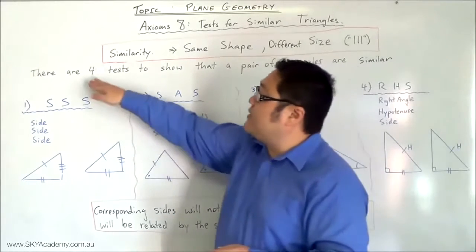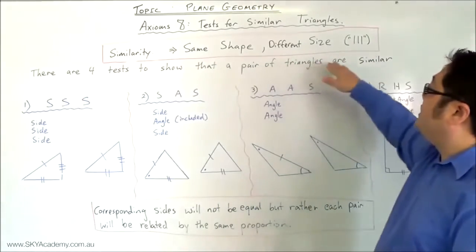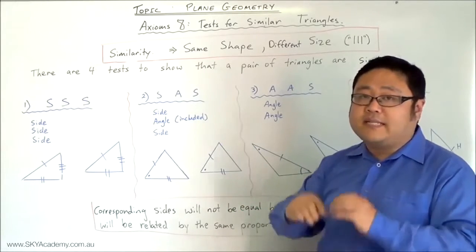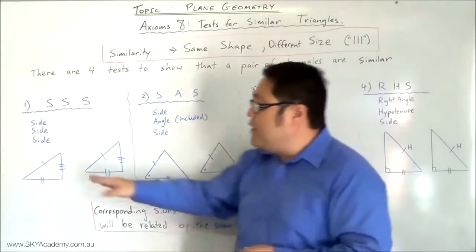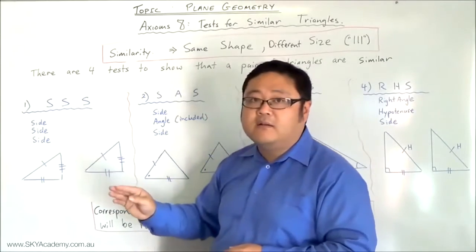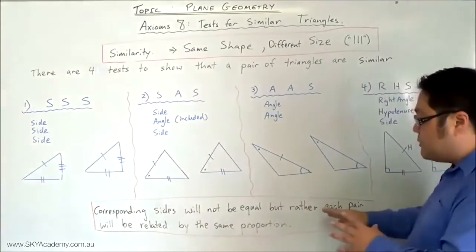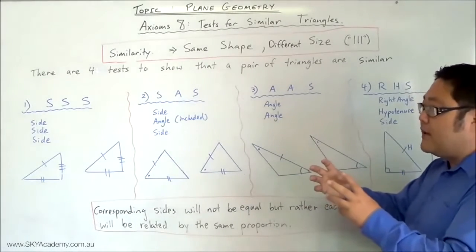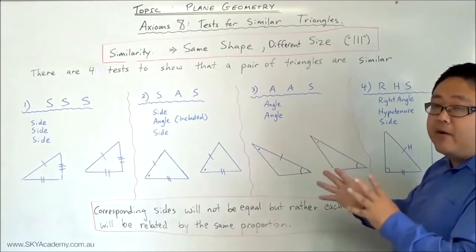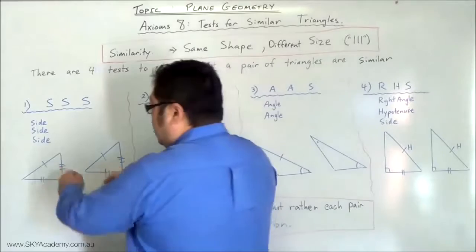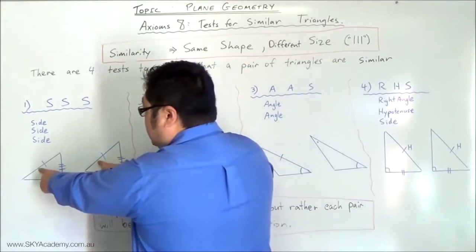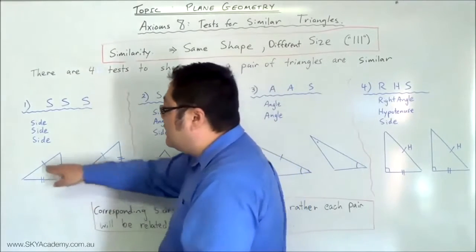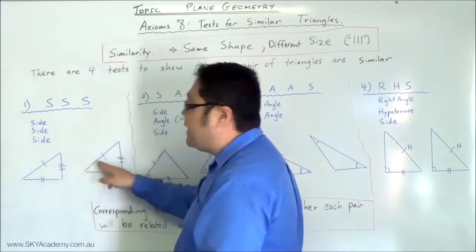However, the tests for similarity are very, very similar. They're almost exactly the same except for one exception. Rather than the sides being equal to one another, corresponding pairs of sides will be in the same proportion as the other pair of corresponding sides. So for example, here this side and this side are congruent, but in similar triangles, this side and this side will be related by a common ratio.